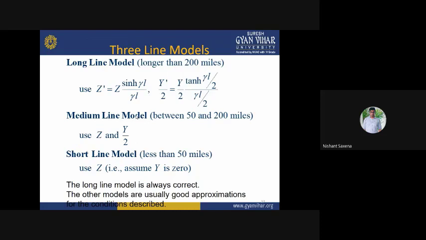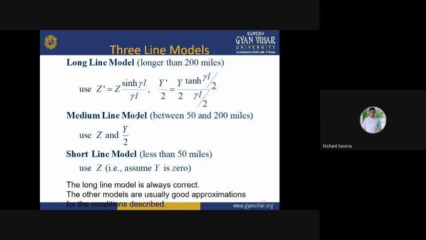Now we know that there are three models for a transmission line: the long model, the medium model, and the short model. The long transmission lines are those having a length more than 150 kilometers or 200 miles. The medium line models are those between 80 to 150 kilometers, or 50 to 200 miles.